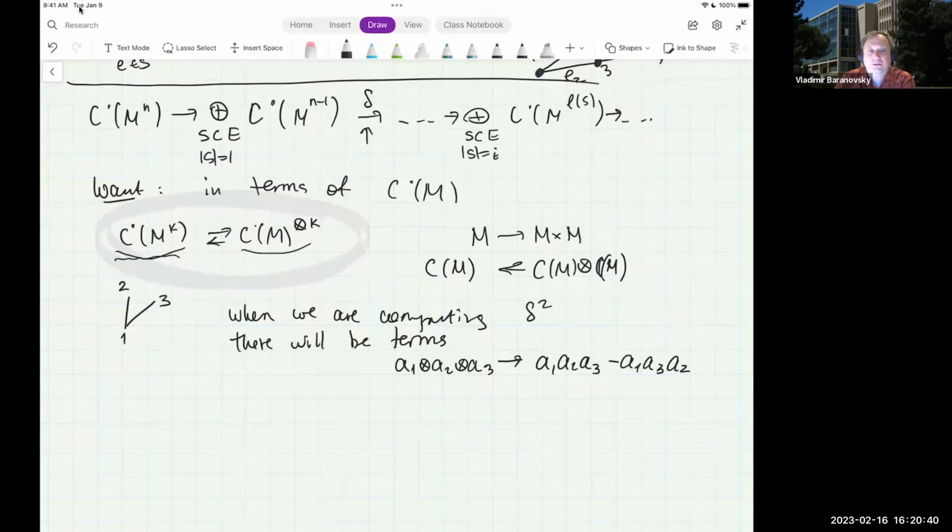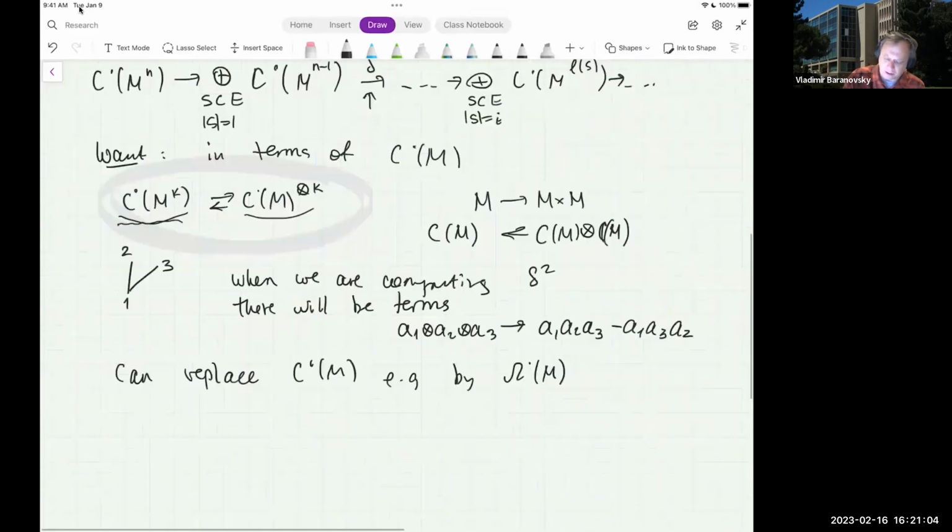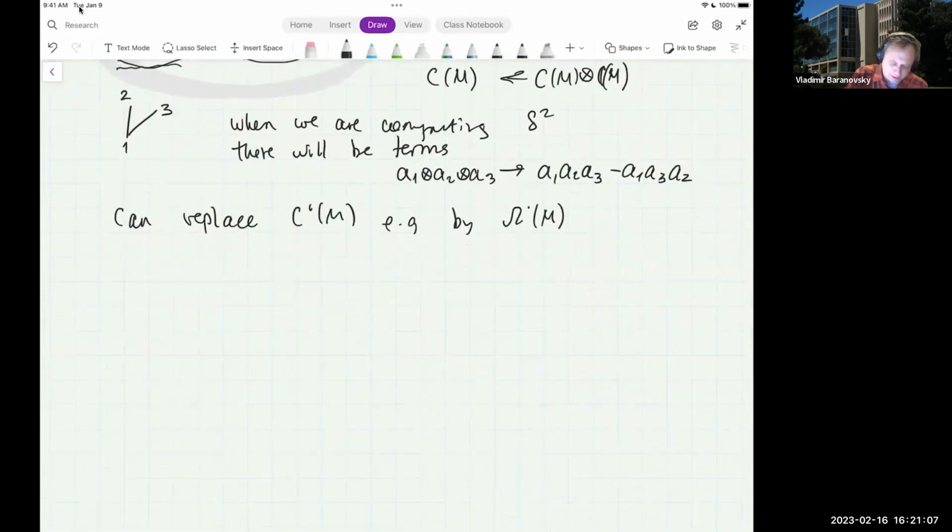We could try to resolve the difficulty by replacing C star with some commutative algebra that computes the cohomology. We can replace C dot M, for example, by differential forms. And it works; in fact, this version of the complex was constructed by Helmi, Guizon, and Rong.